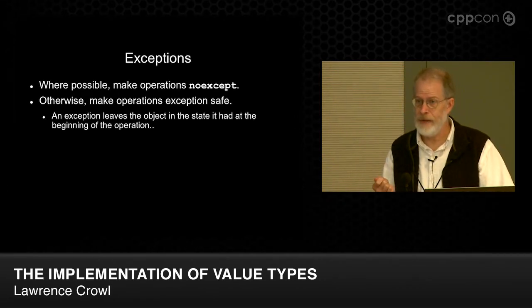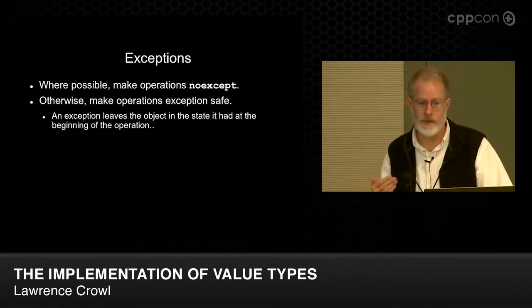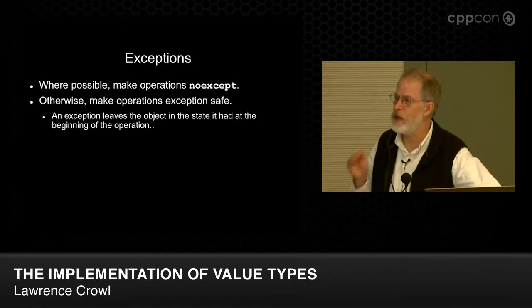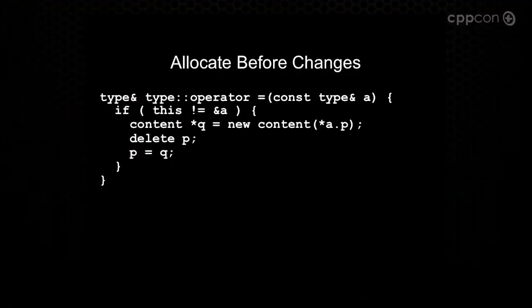But if you can't, because they bubble up from the exception details, you want to make sure that all of your operations are exception safe. noexcept is your default. If you can't do that, you want to make sure that they're strongly exception safe. A couple of techniques: allocate before you make any changes.